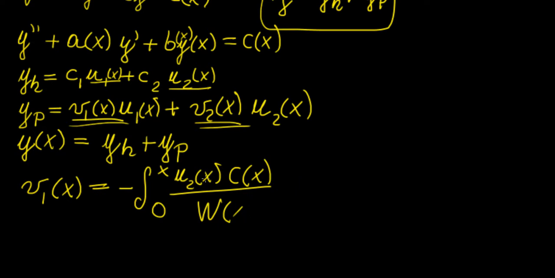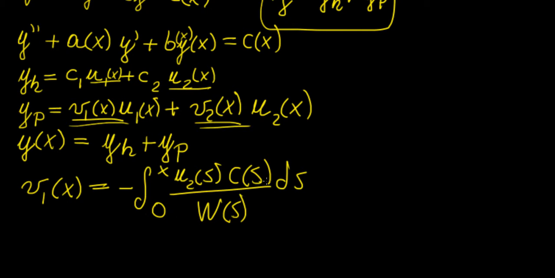Actually, I'm using x here, but I should be using s instead, because if we're integrating to get a function of x, then this should be some other variable. We can choose anything we want, but this is just the standard notation.